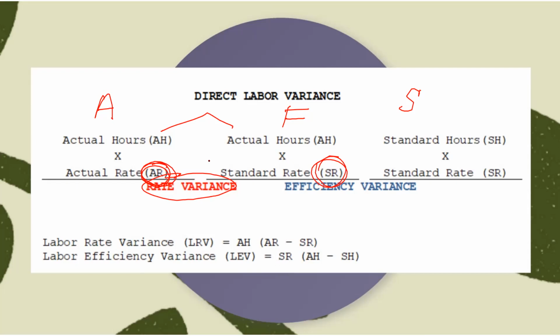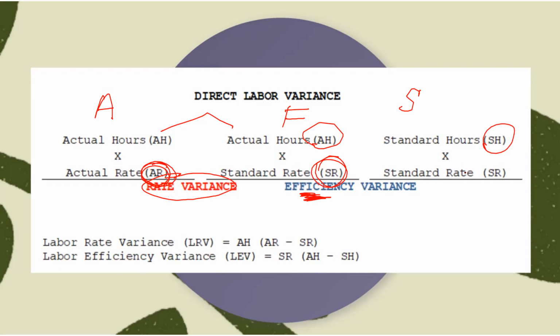How about efficiency? You are comparing how good is our performance or is the performance of the labor force, no? Mabilis ba silang gumawa or mabagal? What are you looking at? You are now looking at the actual hours versus the standard or the should be hours used, no?